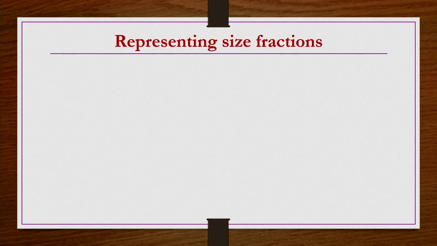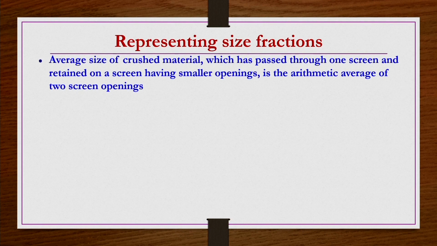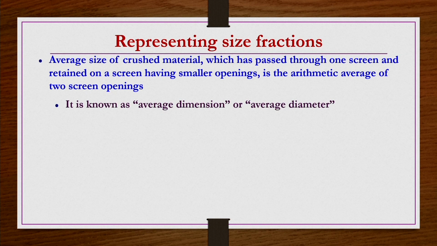So, how to represent these size fractions? There are three different ways of representing these size fractions. First, the average size of material which has passed through one screen and retained on a screen having smaller opening is the arithmetic average of two screen openings, and it is known as the average dimension or average diameter or average size of the sample.